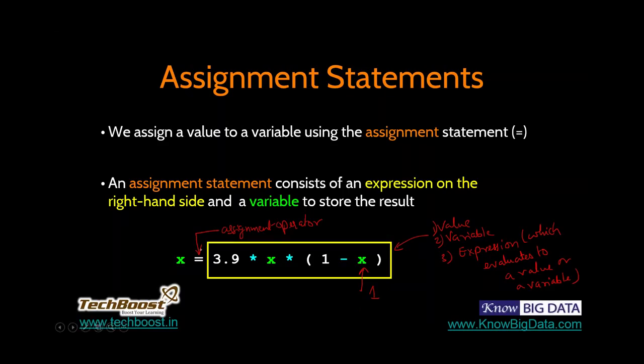So 1 minus 1 is going to be 0. This evaluates to 0. x is 1. This is 3.9, and 3.9 multiplied by 1 multiplied by 0. This particular expression evaluates to 0, which is then assigned to x.